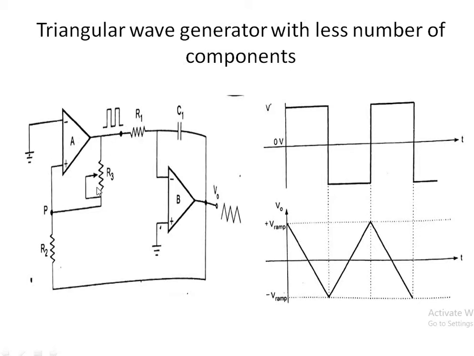This Schmitt trigger is connected to another circuit, which has resistor R1 and capacitor C1. This is actually an integrator circuit. As a result, we will get a triangular wave in the output.